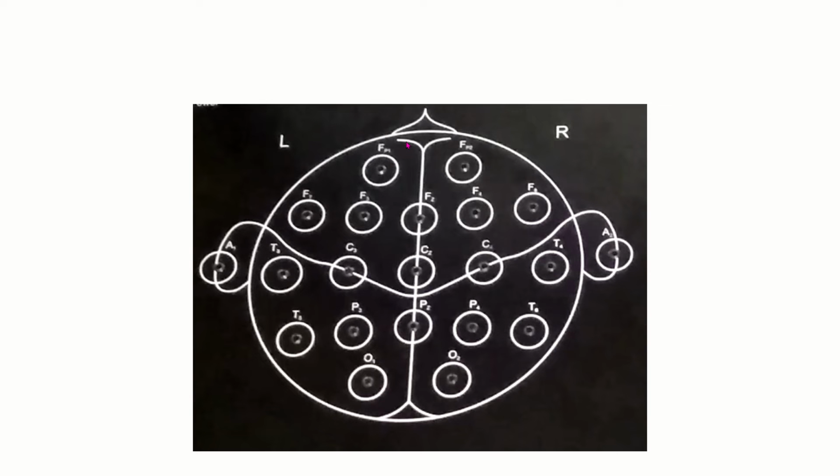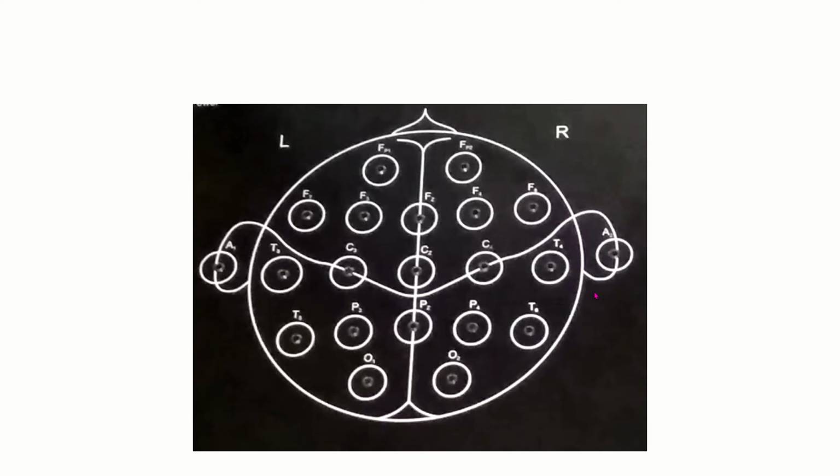The left portion of the scalp is the left hemisphere, which is capable of controlling the right body parts, and the right hemisphere is written by an R. The electrodes present in the left hemisphere will be measured with respect to the reference A1. This is the reference electrode, and likewise we have another reference electrode A2 on the right side.